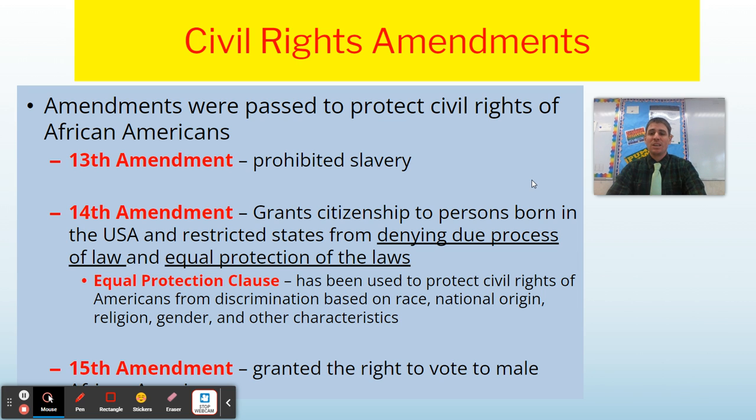That establishes the Equal Protection Clause, which has been used to protect civil rights of Americans from discrimination based on race, national origin, religion, gender. We went over that. The 15th Amendment grants the right to vote to male African Americans, male Black individuals. It's a federal law, right? But we'll talk about ways that they get around it.